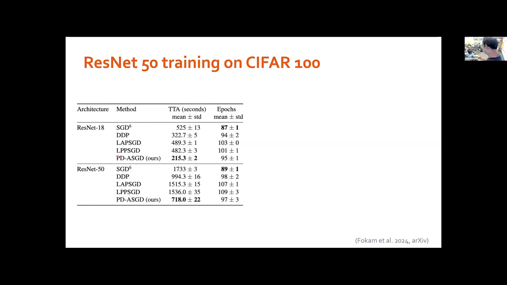And our algorithm is called PDASGD because it's partial decoupled asynchronous stochastic gradient descent. Asynchronous stochastic gradient descent is something that people have looked at quite a lot, and in general there are various variations of how or where the synchronization barriers are removed.